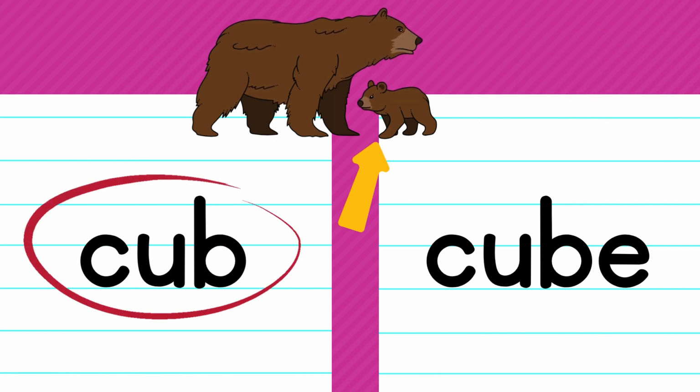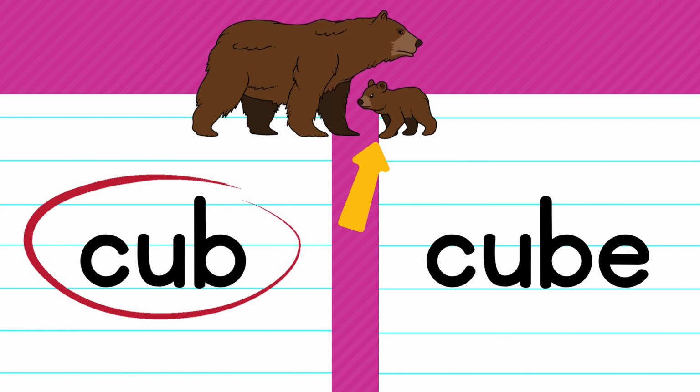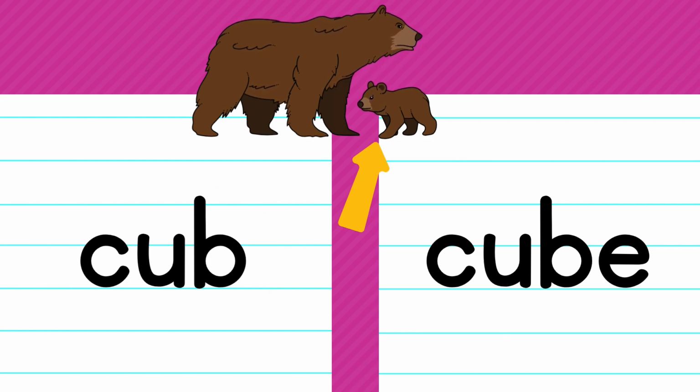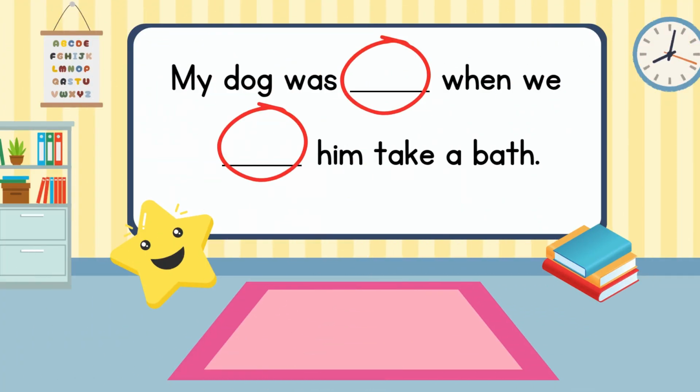If you guessed the 3-letter word, you got it. In the word cub, we hear the short vowel sound for you. That means there's no magic E on the end. Way to go! Let's go back to your sentence, Huggy.